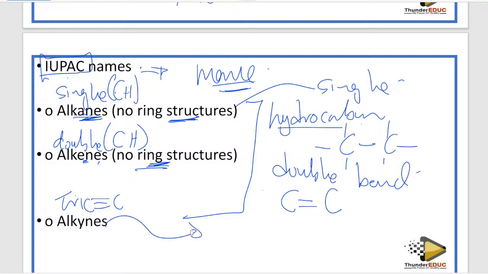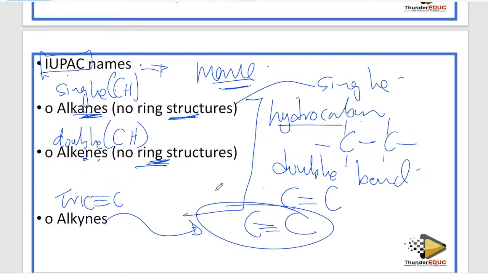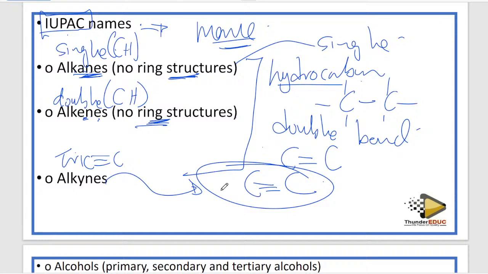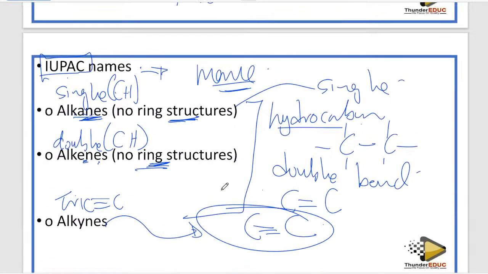So alkyne means triple bond, a compound which has a triple bond. We're going to look at these molecules in detail. But now you have to remember that when I say alkane, it means a single bond. Alkene means a double bond. Alkyne means a triple bond. If you don't understand something, please let me know in the comment section so that I can answer that immediately.